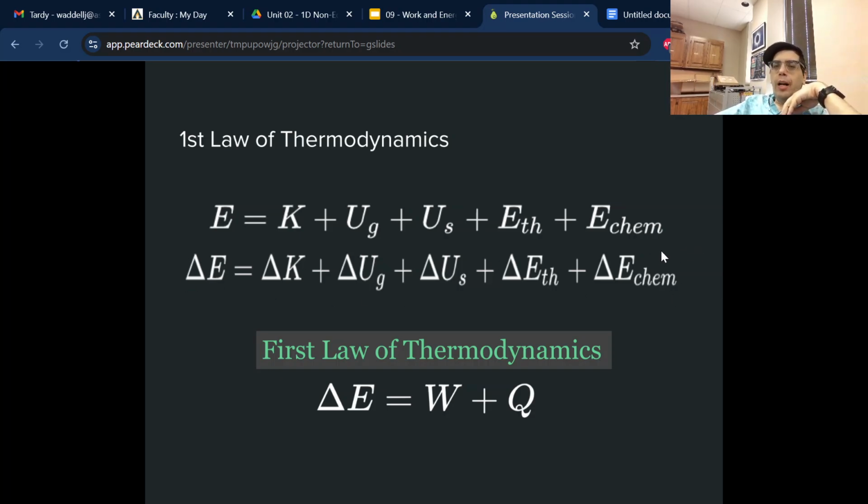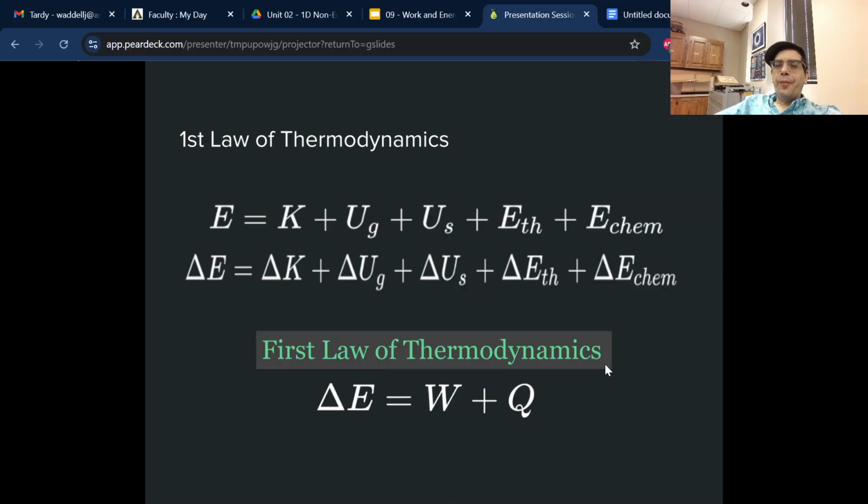And so these are the terms that I give you, and actually on the equation sheet, I don't even include the chemical energy because in most examples we're going to end up solving, there's not going to be a change in chemical energy either. And so this is basically the definition of delta E, how we figure out what delta E is.